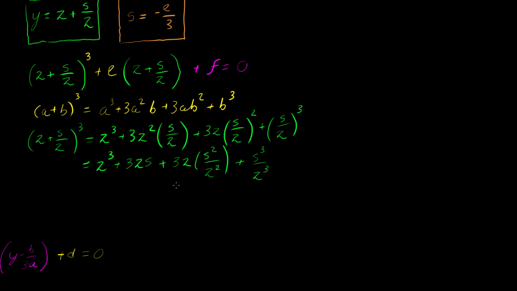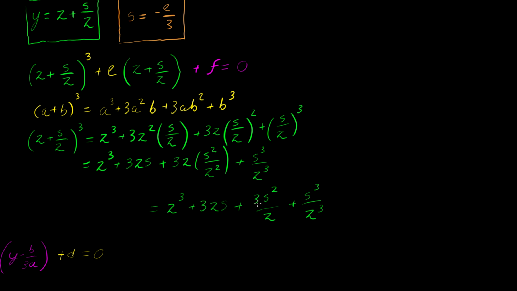Alright, now let us continue simplifying this. So we have z cubed plus 3zs, and then one of the z's is going to cancel in the numerator, so we're going to be left with 3s squared over z, I believe. So 3s squared over z. And then we just have our plus s cubed over z cubed.